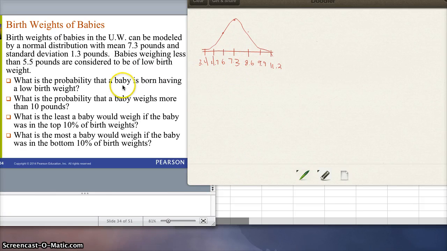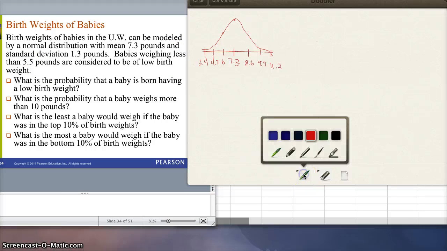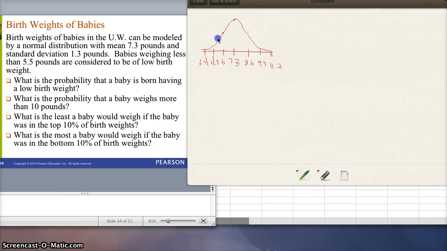The first one: what's the probability the baby is born having low birth weight? Low birth weight is 5.5 pounds. Let me use a different color. It's going to be somewhere around here, and we want this piece in here.